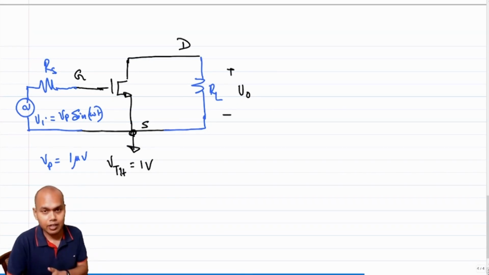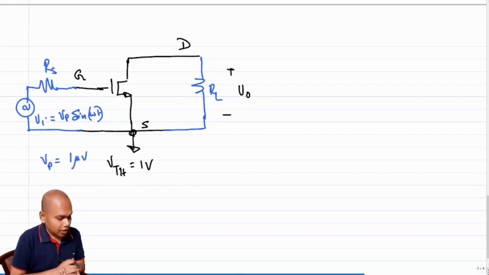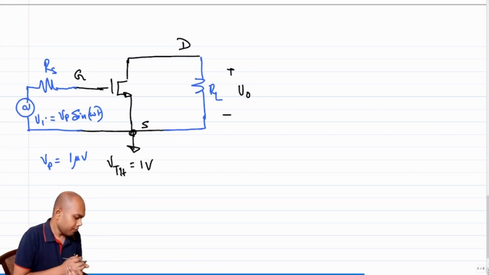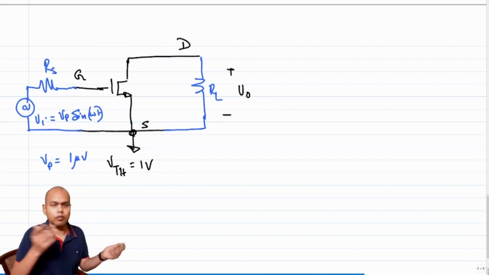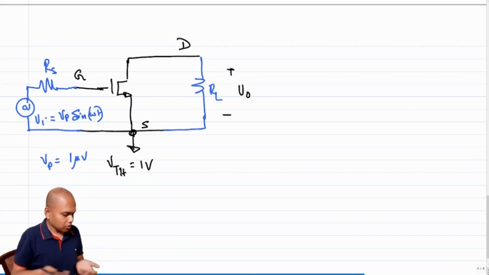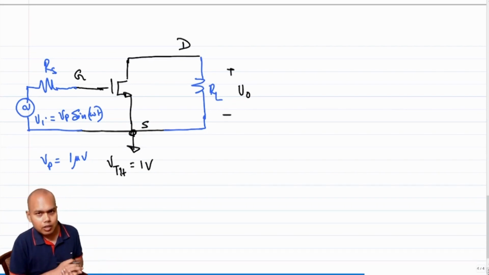Note that we haven't yet turned our attention towards the output terminal. This is only at the input terminal. But if our signal is only 1 microvolt, clearly this arrangement will not work. So what should we do?